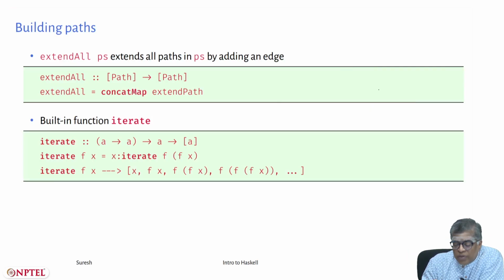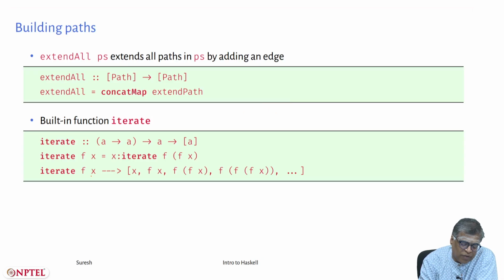Now, there is a function called iterate in Haskell, which is part of the basic prelude of Haskell. Its definition is this: iterate takes a function and an initial value and it repeatedly applies the function on the initial value. And it works like this: iterate f x is x followed by iterate f (f x).